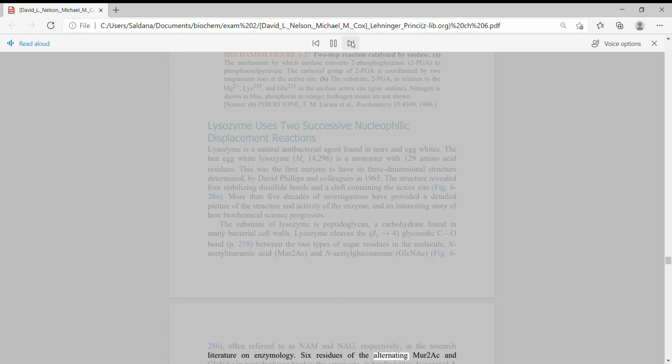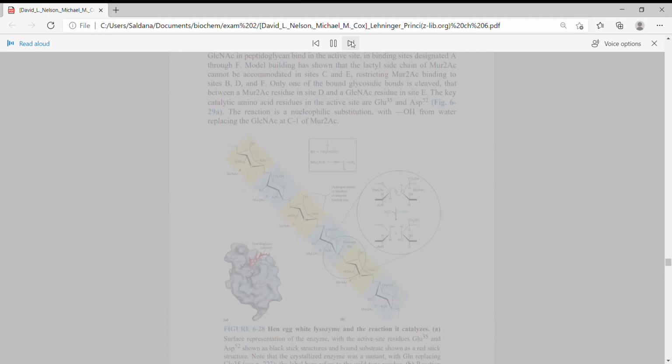6 residues of the alternating MurNAc and GlcNAc in peptidoglycan bind in the active site, in binding sites designated A through F. Model building has shown that the lactyl side chain of MurNAc cannot be accommodated in sites C and E, restricting MurNAc binding to sites B, D, and F. Only one of the bound glycosidic bonds is cleaved, that between a MurNAc residue in site D and a GlcNAc residue in site E. The key catalytic amino acid residues in the active site are Glu35 and Asp52, Fig. 6-29A.